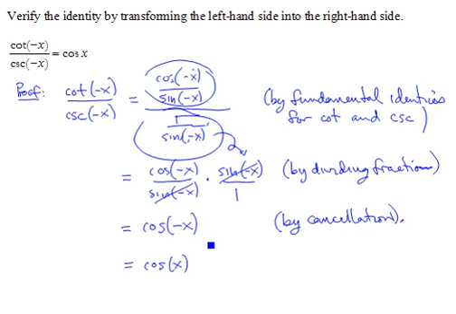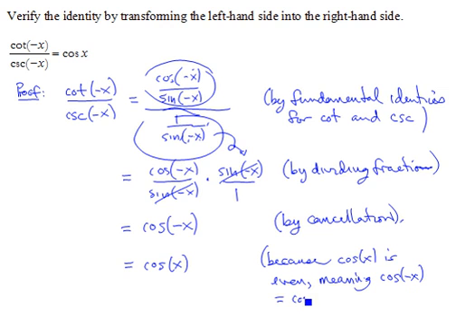And now why can I write this as just the cosine of x? Well, that's because cosine of x is an even function. Meaning, like any other even function, if I do the cosine of the opposite of x, I get the cosine of x.